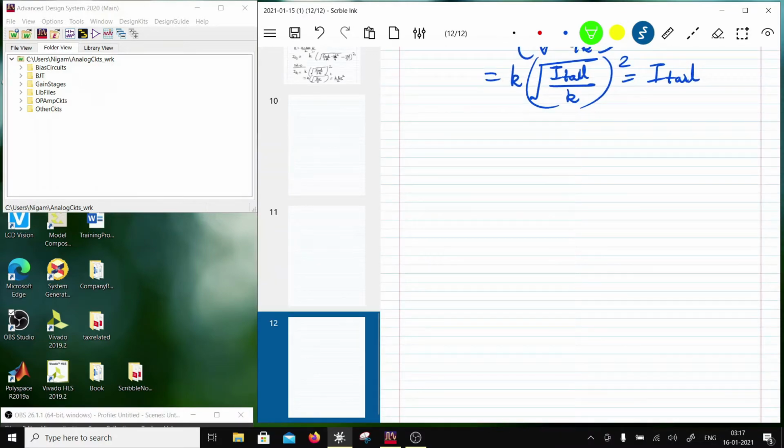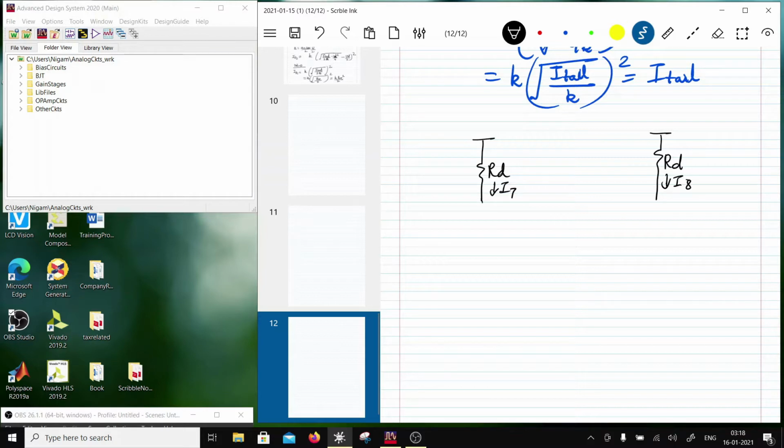Okay, now let's go to a Gilbert cell mixer design. So what is there in a Gilbert cell mixer? In a Gilbert cell mixer you have an RD and you have an RD. Let's say the current here is I7 and this current is I8, correct?